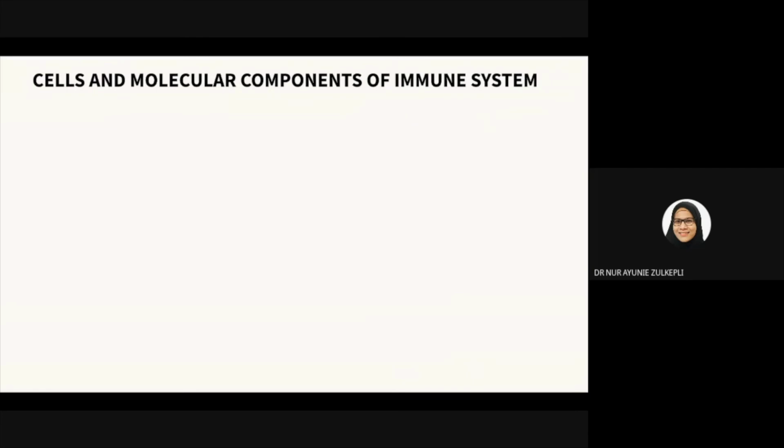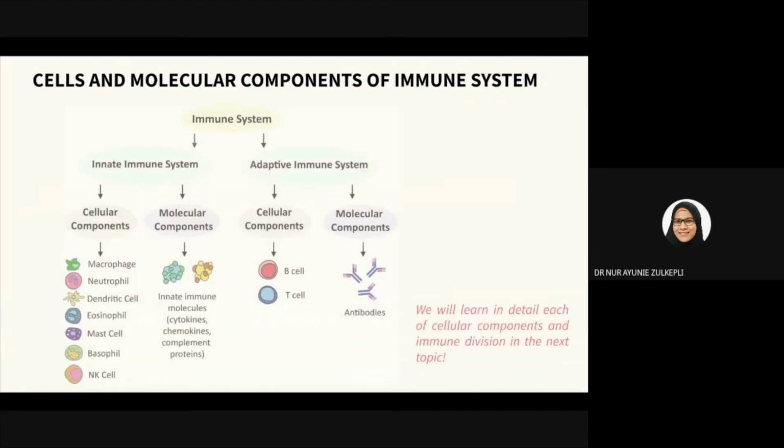Cells and molecular components of the immune system. So just now we learned how our immune system is made up, and we learned about the organs. Now we want to learn about the cells and molecular components. I combine them together because they are related to one another.